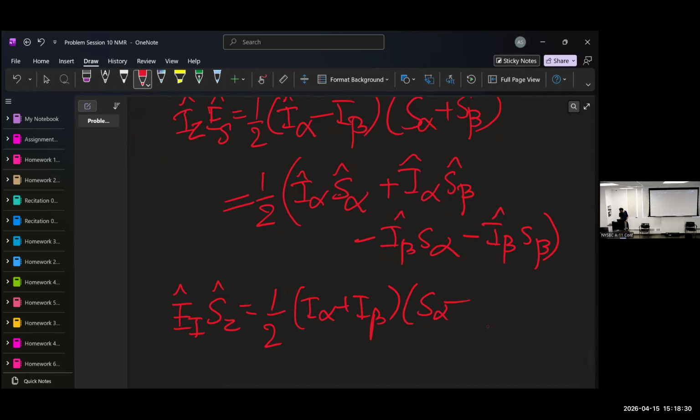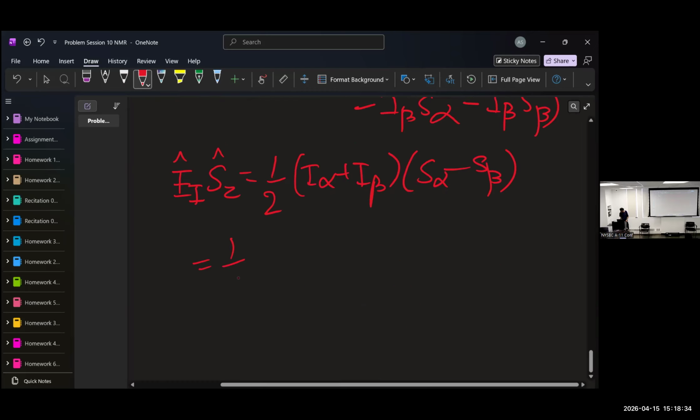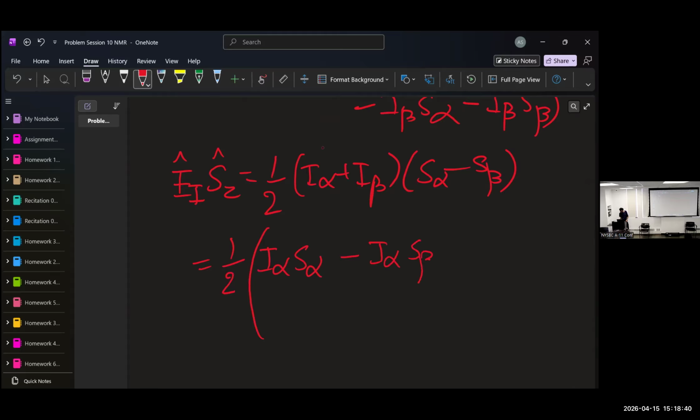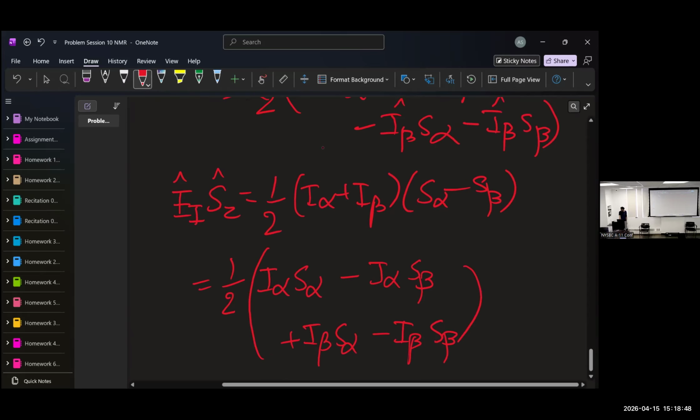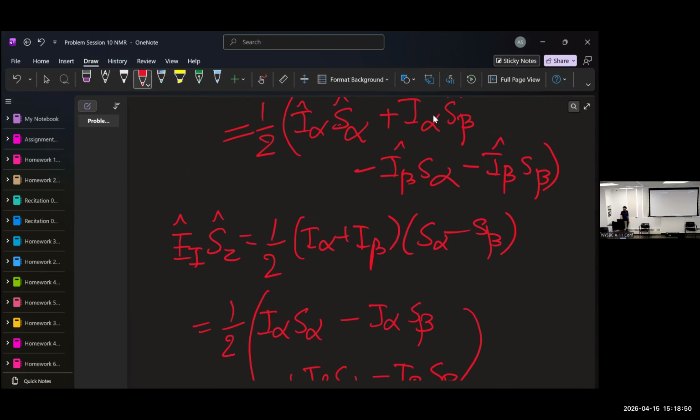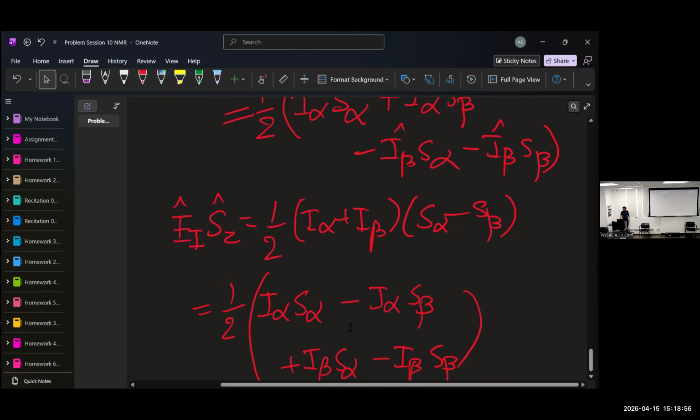Let's drop the heads if we need it. The only difference is these split up alpha beta terms have opposite signs, but it's plus here and minus here. Minus here and plus here.